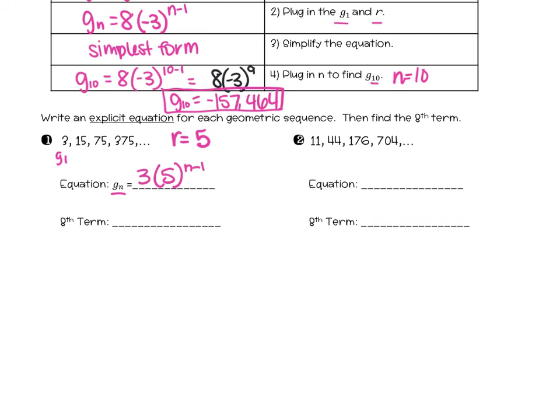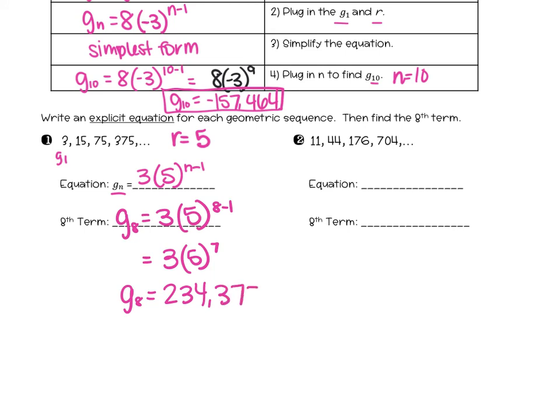All right, and if I wanted the 8th term, I would now say G8 equals 3 times 5, and then 8 minus 1. That would simplify to 3 times 5 to the 7, since 8 minus 1 is 7. Okay, and if you work that out, you should get the 8th term is 234,375. So as you're probably realizing, these numbers are going to be very large.